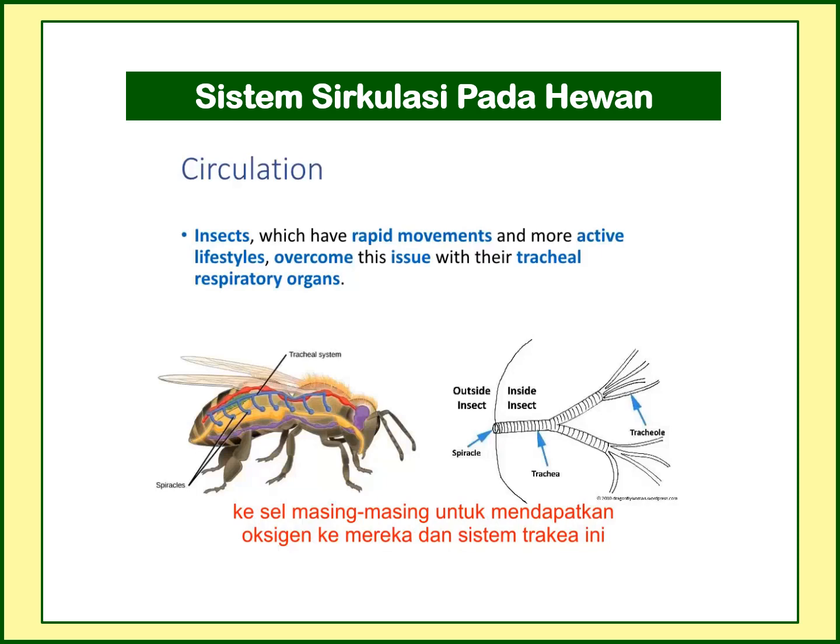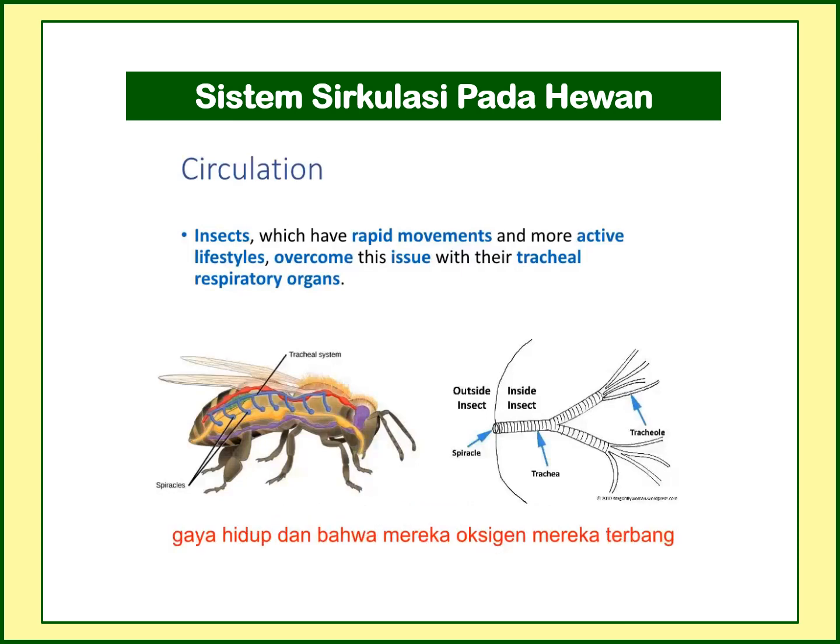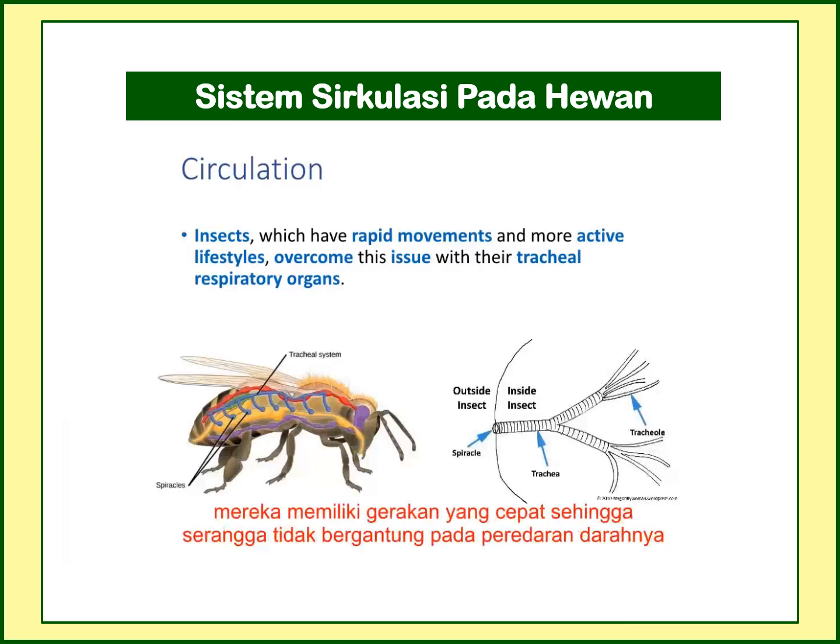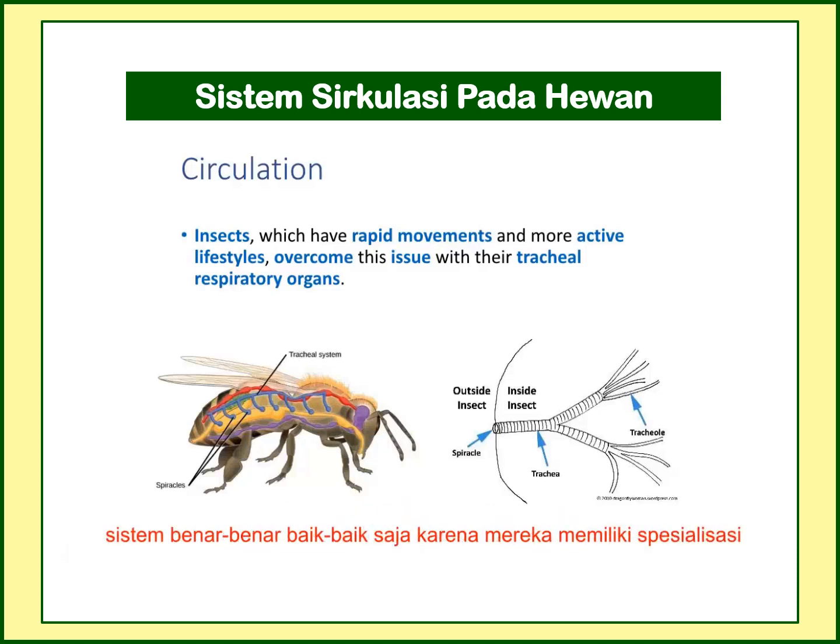And so this tracheal system helps overcome the low pressure hemolymph by allowing oxygen to get directly to the cells, which is good for their lifestyle in that they're flying, they have rapid movements, and so the insects not relying on their circulatory system is absolutely all right because they have their very specialized respiratory system.